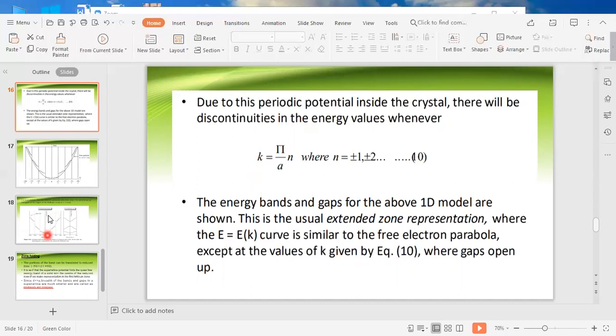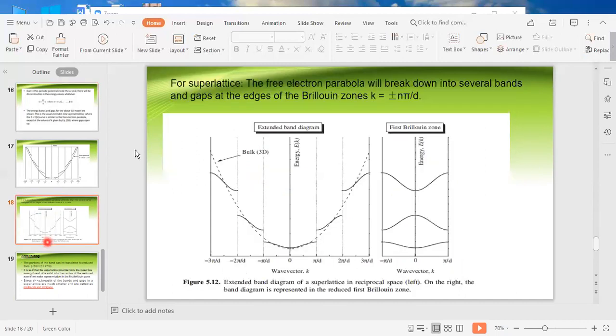Now applying the same theorem to a superlattice, what happens? K is equal to plus or minus n pi by d, at pi by d, 2 pi by d, 3 pi by d, etc. You're seeing gaps. So instead of getting a free electron parabola, you're having bands as well as gaps.